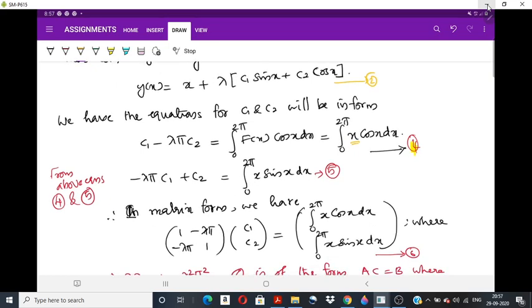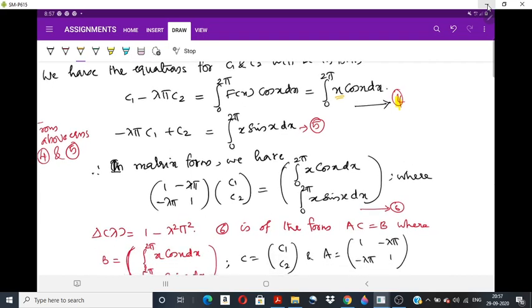So the right side for equation number 5 will be integral 0 to 2 pi x into sin x dx, and the system of equations will be in matrix form: the matrix A is the same, C is the same, and the right side matrix B will be integral 0 to 2 pi x into cos x dx and integral 0 to 2 pi x into sin x dx.